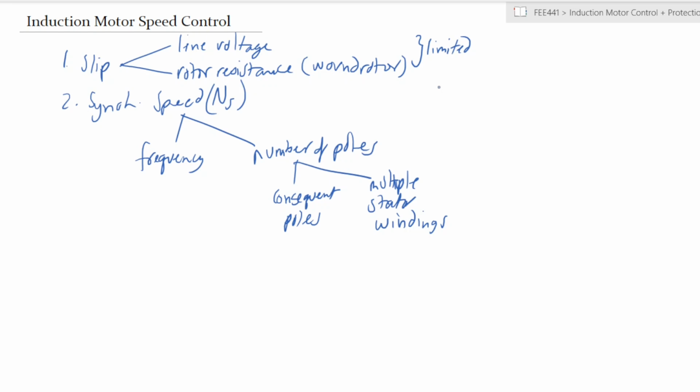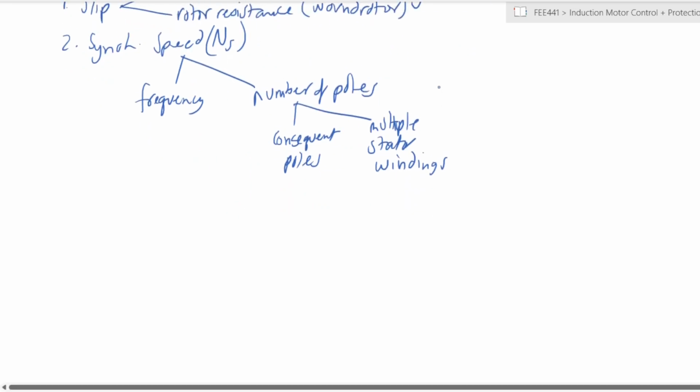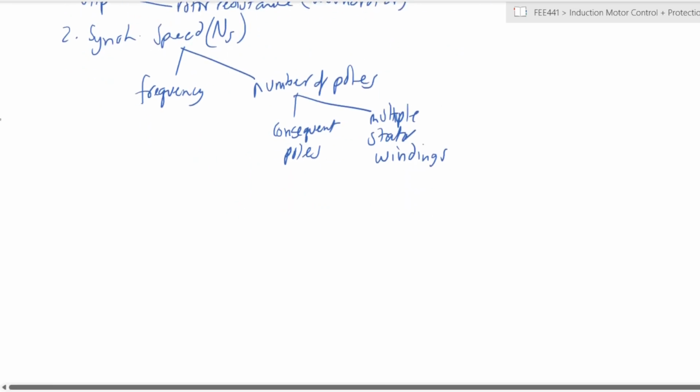Now remember what determines the synchronous speed. Synchronous speed is given by 120 f over P, where f is the frequency and P is the number of poles within the machine, all right?